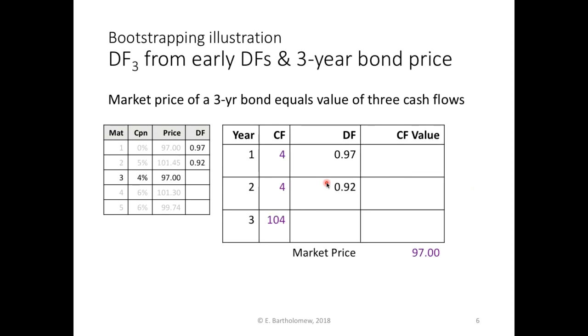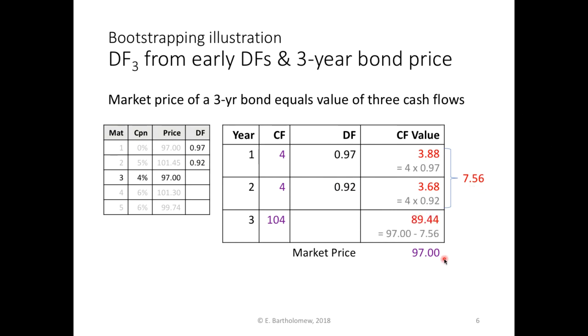So let's move on then to a 3-year bond. Now here it's a different bond with different cash flows, a different coupon, but it also has cash flows occurring in year 1 and 2, and we have discount factors for those, the 0.97 and the 0.92 we just calculated. So we can value the cash flow values for each of these. We can sum them, and we can then subtract that from the total value of the bond.